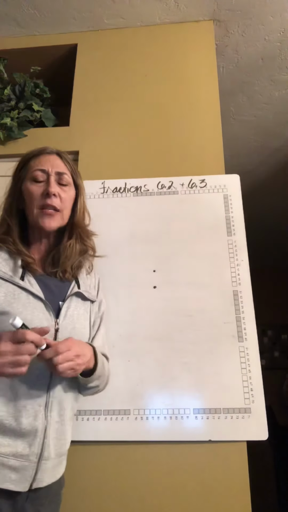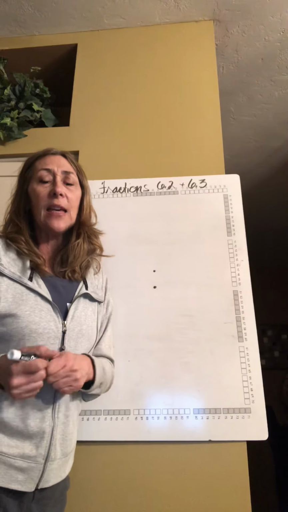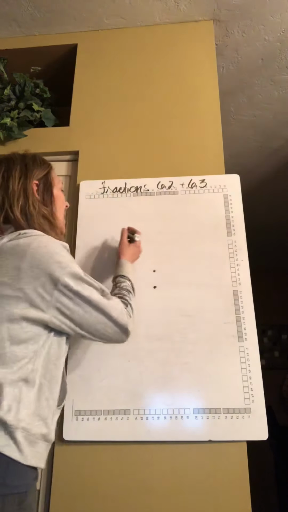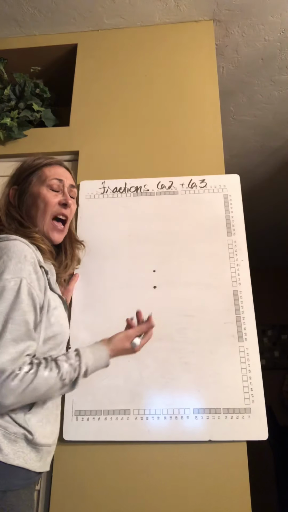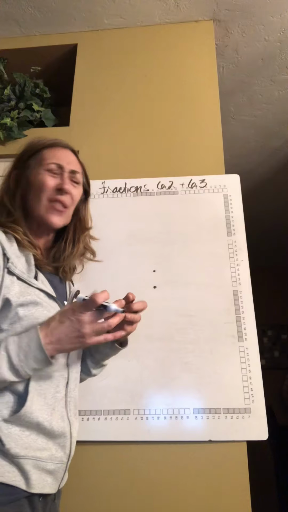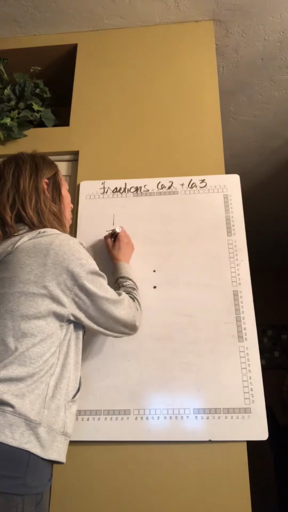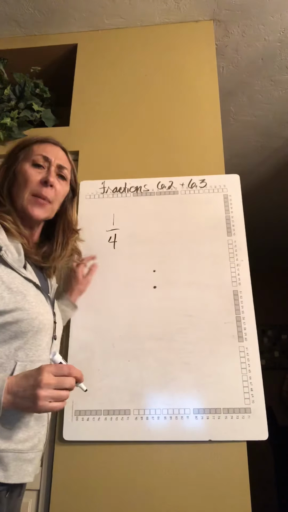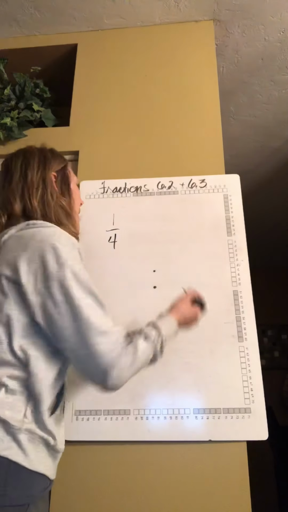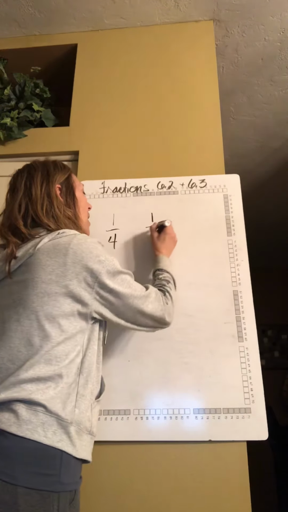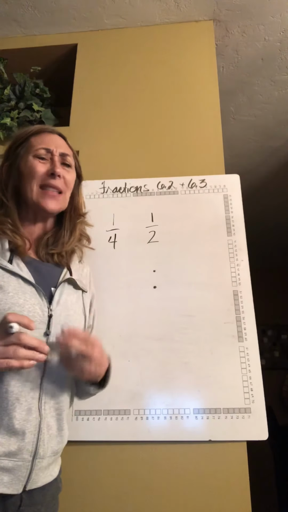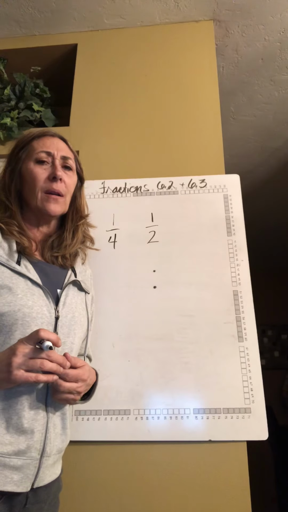One last thing I want to touch upon for today is ordering fractions by their denominator. Denominator is the size piece, the pieces in the whole. If I had 1/4, that means it takes 4 pieces to make a whole. If I had 1/2, that means it's only 2 pieces to make a whole.